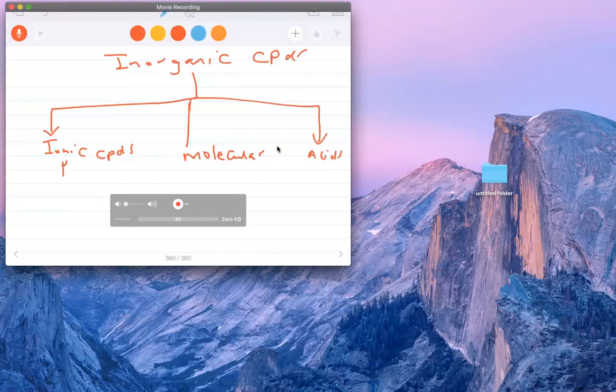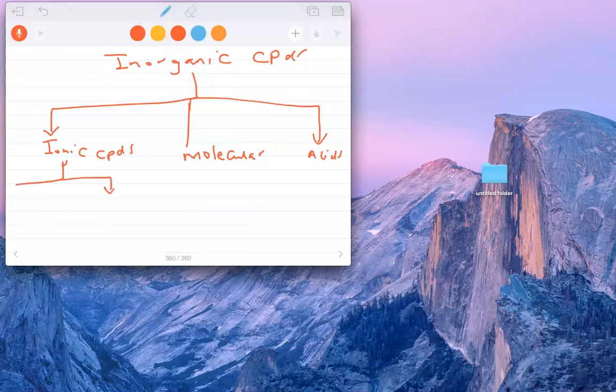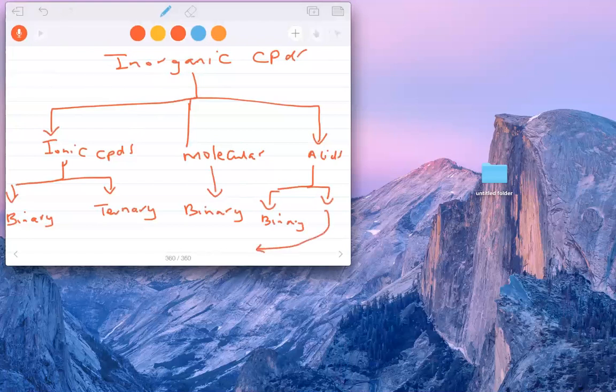Ionic compounds can further be subdivided into what we call binary ionic compounds, or ternary ionic compounds. Molecular compounds are just binary molecular compounds, and acids could also be subdivided into what we call binary acid, and, because of the space, what we call oxy acid.